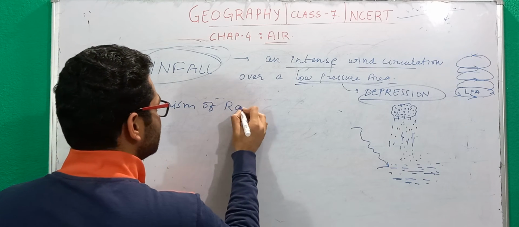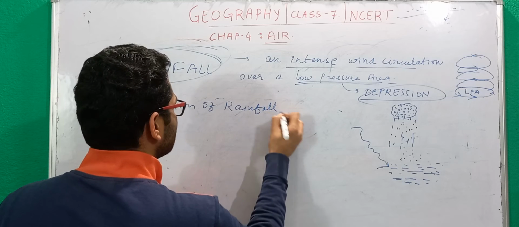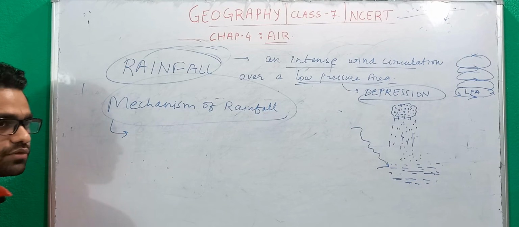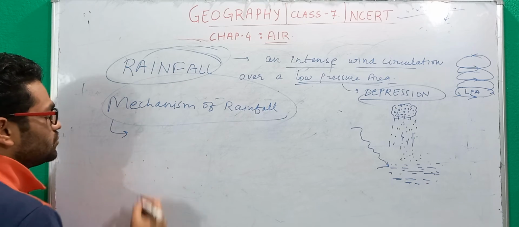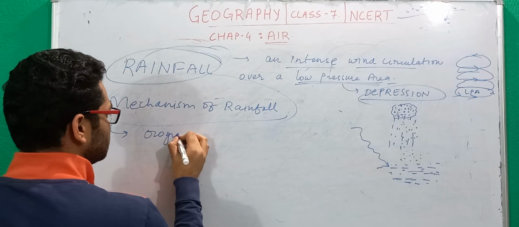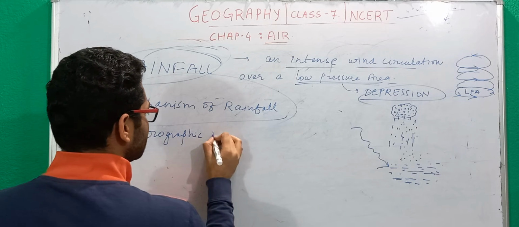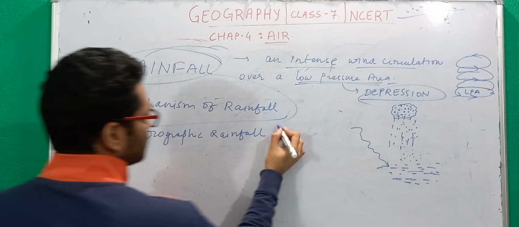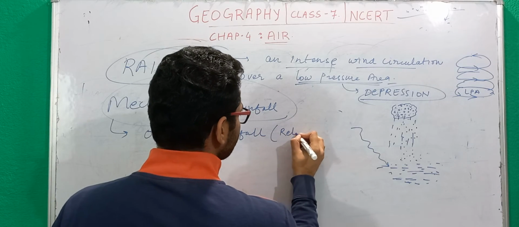So this was the basic mechanism of rainfall, right? When we talk about types of rainfall, we talk about three mechanisms. First is orographic rainfall, or you can say relief rainfall.